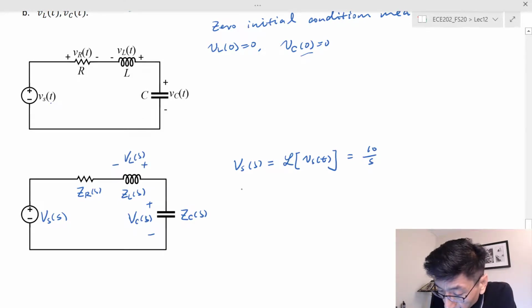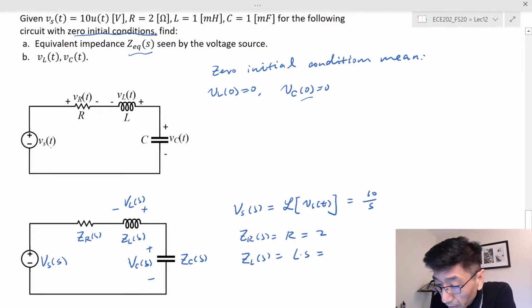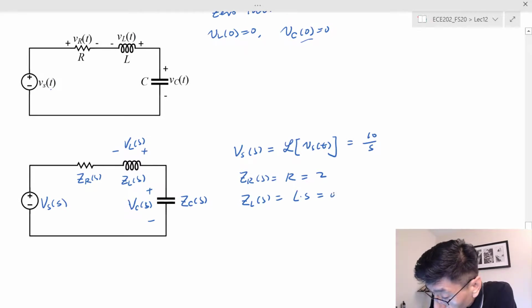And so Z sub R of S is still R, Z sub L of S is just equal to LS, and I think we have 1 millihenry, so that's 0.001 S. Z sub C of S is equal to 1 over CS, and that's equal to 1000 over S, because it's 1 millifarad.